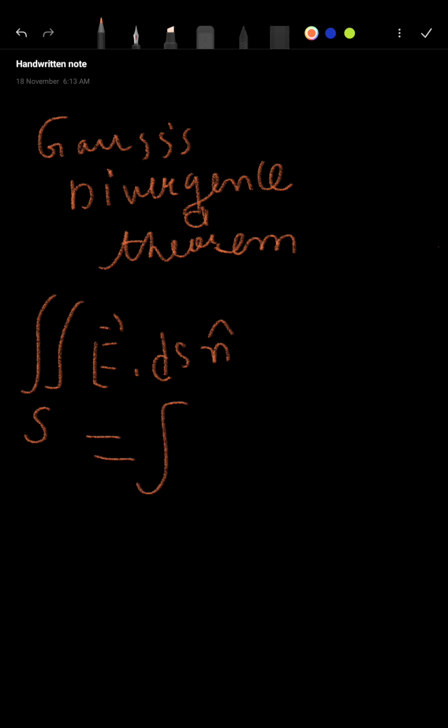Gauss's divergence theorem relates the double integral flux over the surface of a vector field to the volume integral of the divergence of the field.